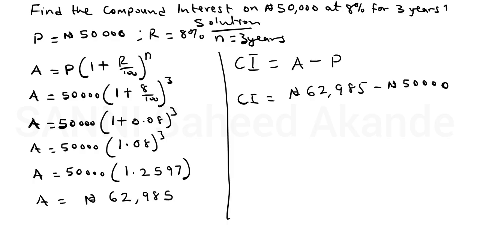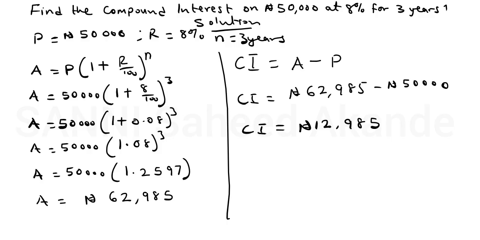Okay, so when you subtract this from each other, you will get 12,985 naira. So this is our compound interest. Understood. Okay, let's take a look at another example.